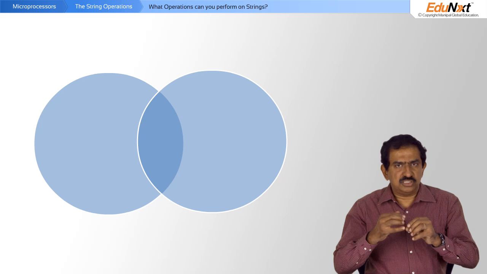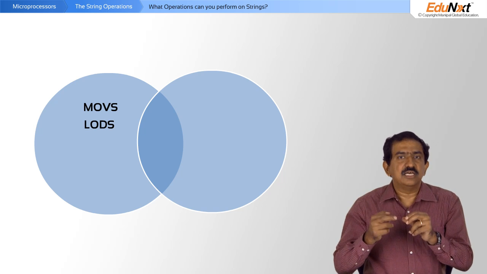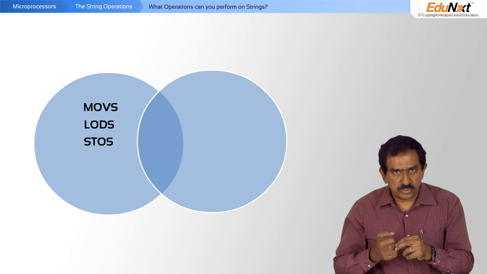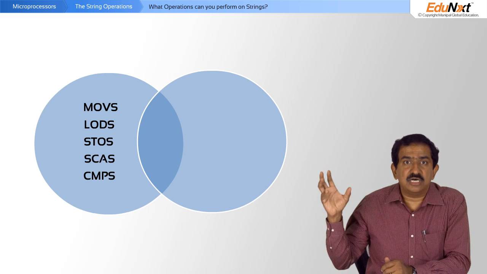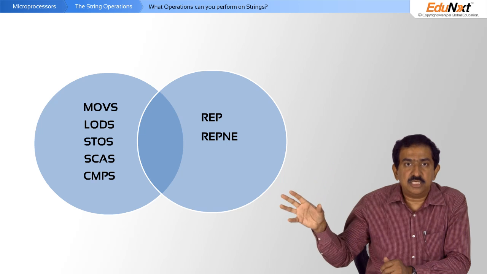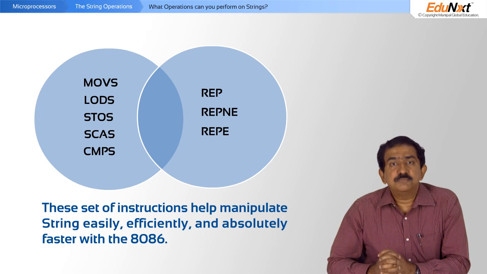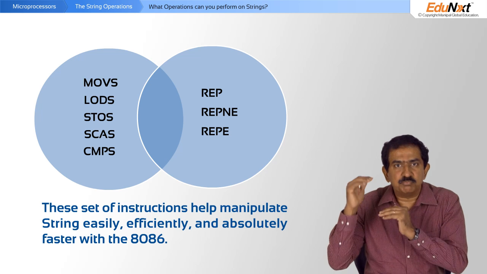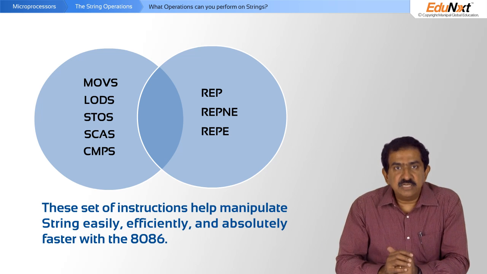Using this set of instructions, the move string, MOVS, the load string, LODS, the store string, STOS, scan string, and compare string, along with the REP, REPNE, or REPE, this set of instructions helps you to manipulate contiguous bytes of information or words of information called strings very easily, very efficiently, and absolutely as fast as it can be with the 8086.